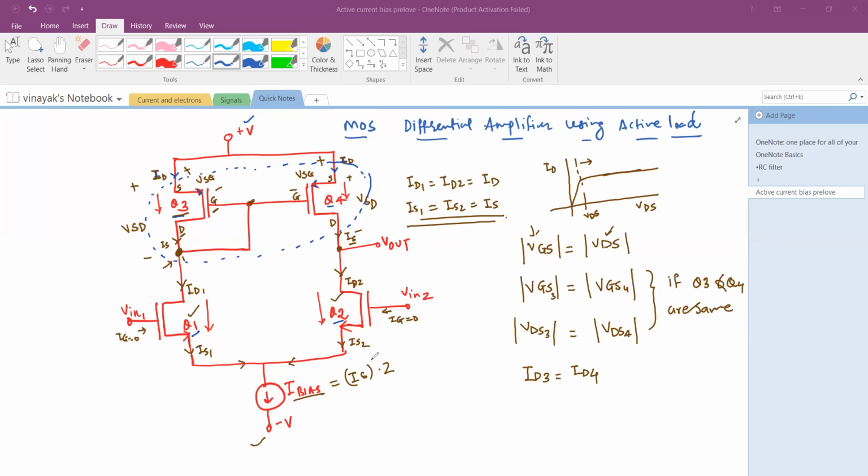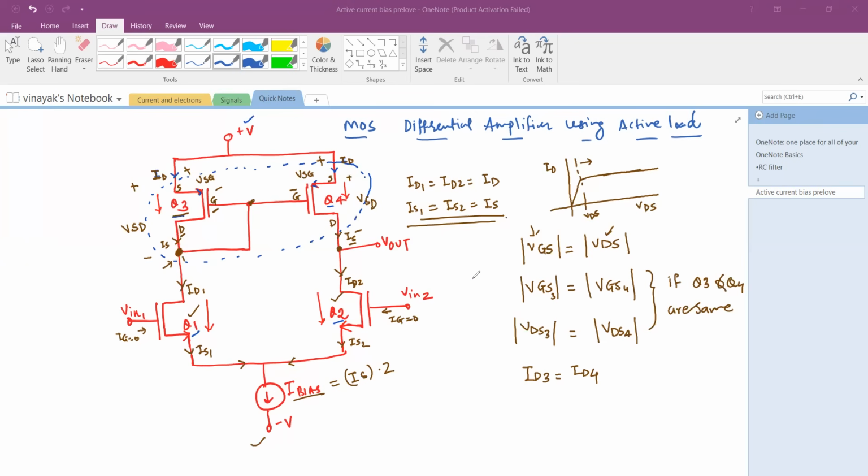Now, we see that the transistor Q3 operates in saturation region, and so is the Q4, and transistor Q1 and Q2 have to be also operated in the saturation region.